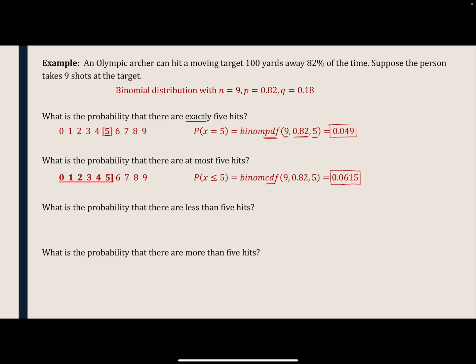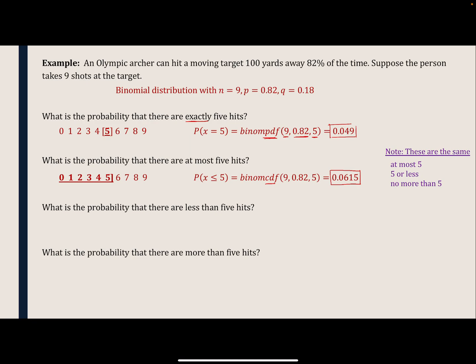The term at most 5, there are other ways that we can say this. So we could also say 5 or less. That would give us the exact same scenario. Or we could say no more than 5. So again, no more than means not more than 5.